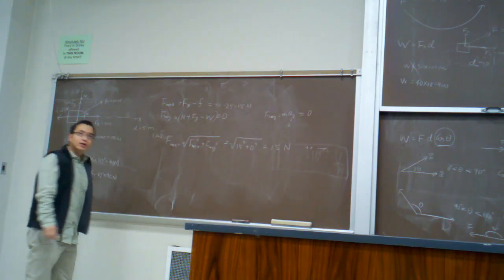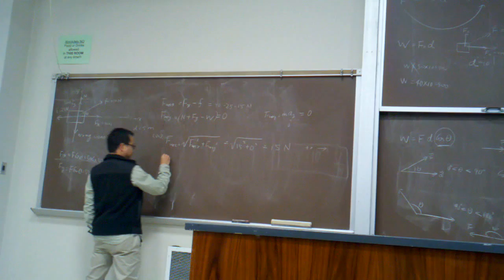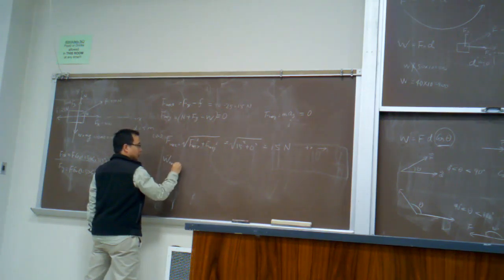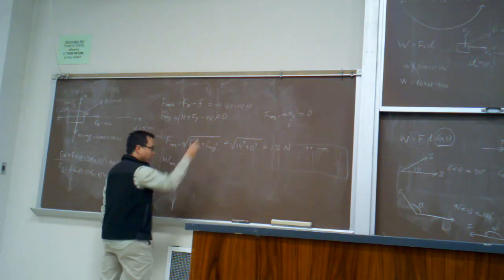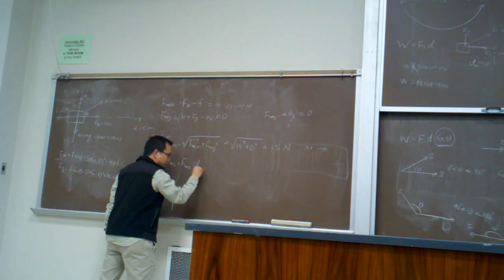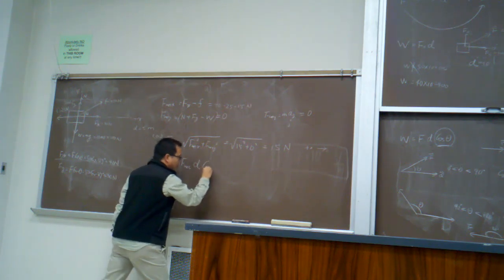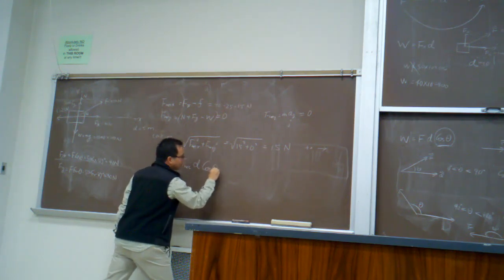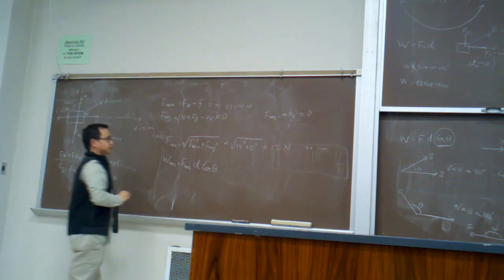Now, if we want to calculate work, then W net equals, let's start with the definition here. It should be the net force multiplied by distance multiplied by cosine theta.